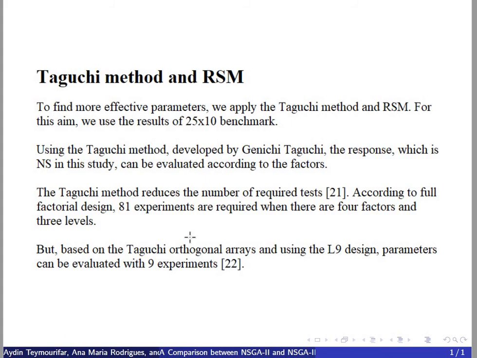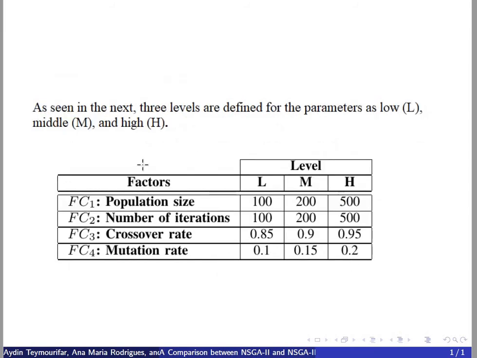More detailed information can be found in the 2020 reference. As seen in this table, 3 levels are defined for the parameters as low, middle, and high level. Maybe a person can ask why 100 for low level, 200 for medium, and 500 for high level.